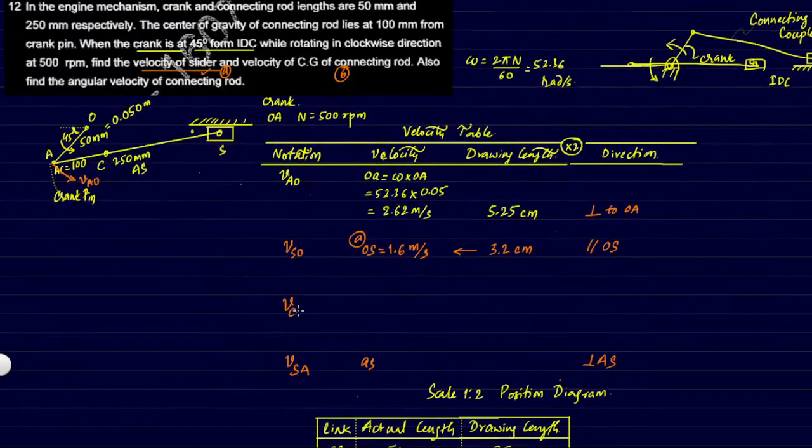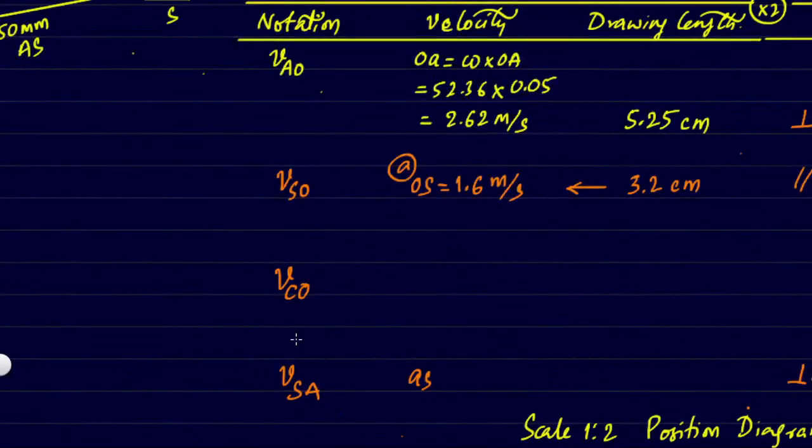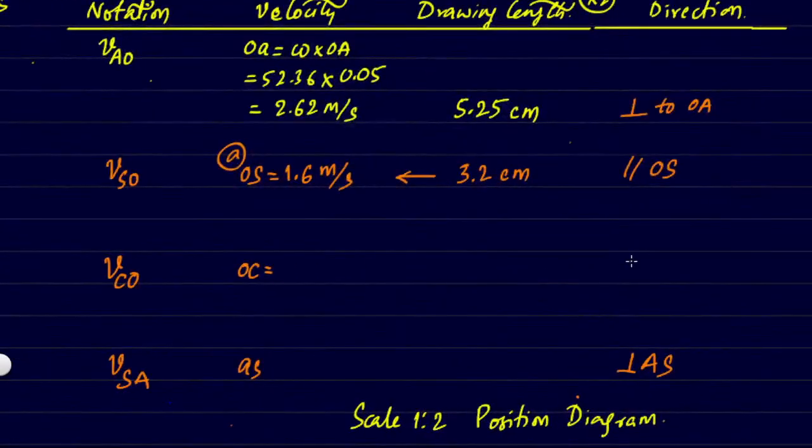Where center of gravity is C, he is asking us with respect to the fixed point O. So this is the velocity that we have been asked to find. On the diagram, this will be small oc. This is what we need to find. And how to find this?